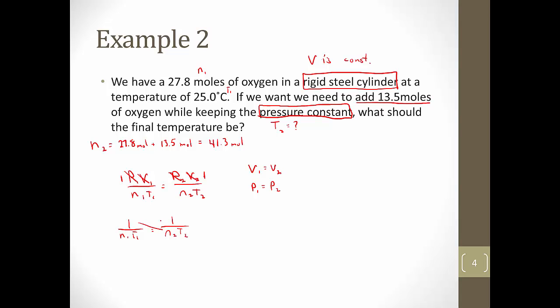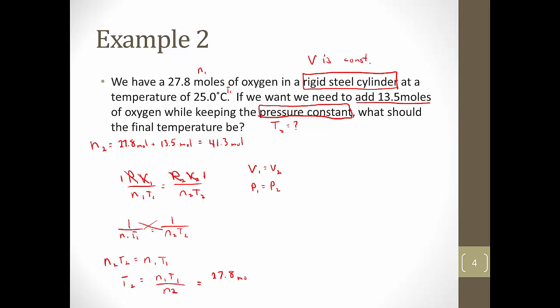So I'll say N2 T2 is equal to N1 T1, which gives the same result as flipping earlier. And then T2 is N1 T1 over N2.